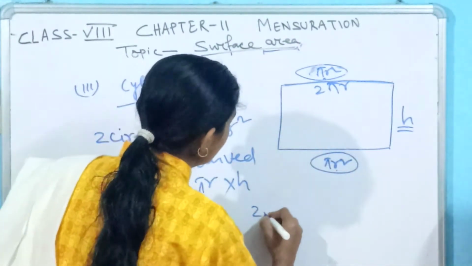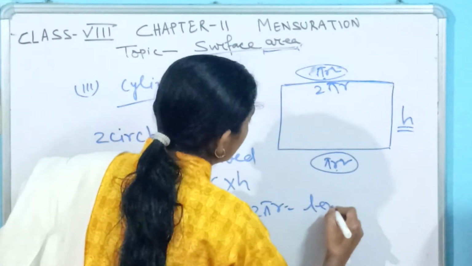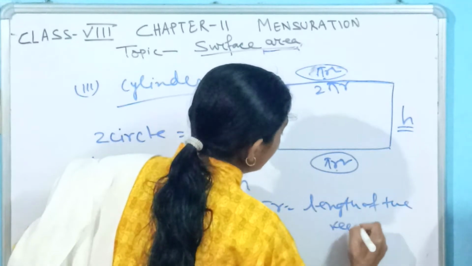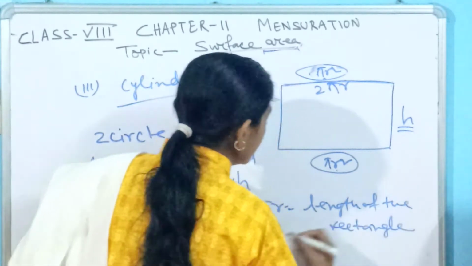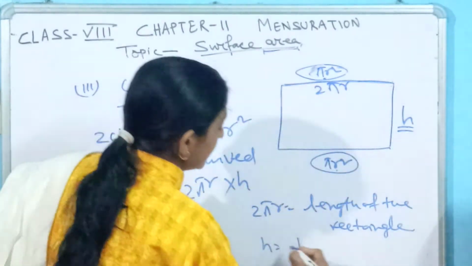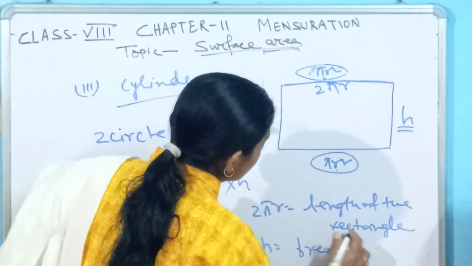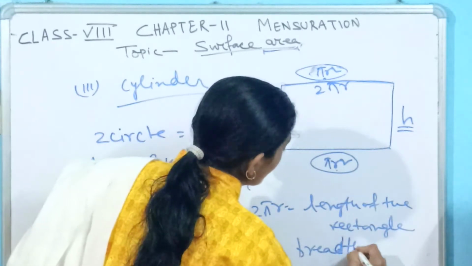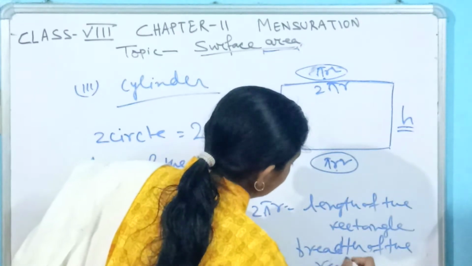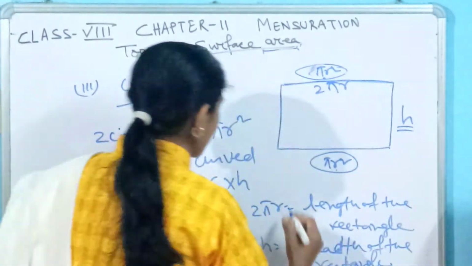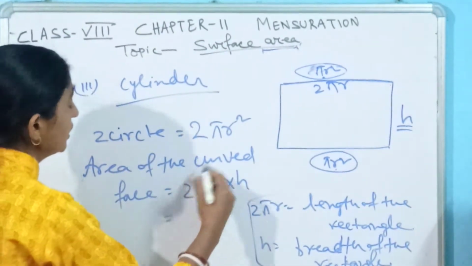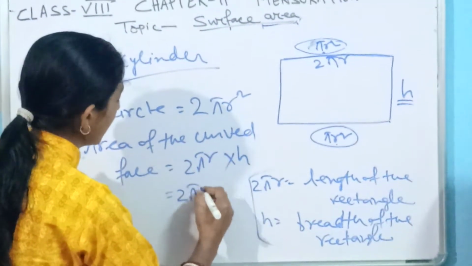Here 2 pi r is the length of the rectangle, and h, that is the height of the cylinder, is the breadth of the rectangle. You must be clear about these two things, then only you will get this one. So what you are getting for the curved face is 2 pi r h.